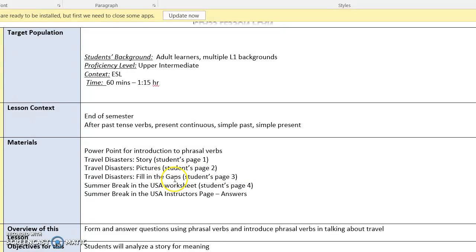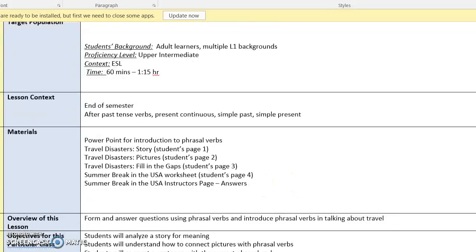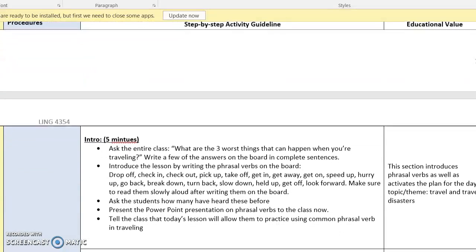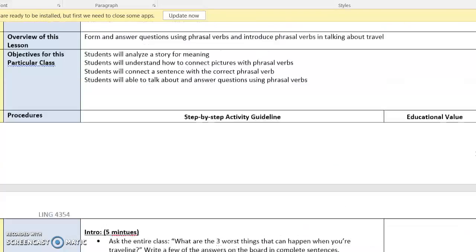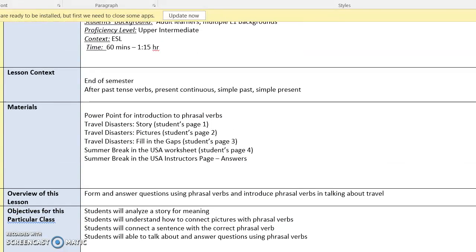I think there's a part in one of these where I have them talk about travel disasters, bad things that have happened to them while they're traveling. That's great, but how much speaking are they actually getting besides almost rehearsed speaking, what's on the worksheet? They're not really getting a whole lot of practice with real communication.